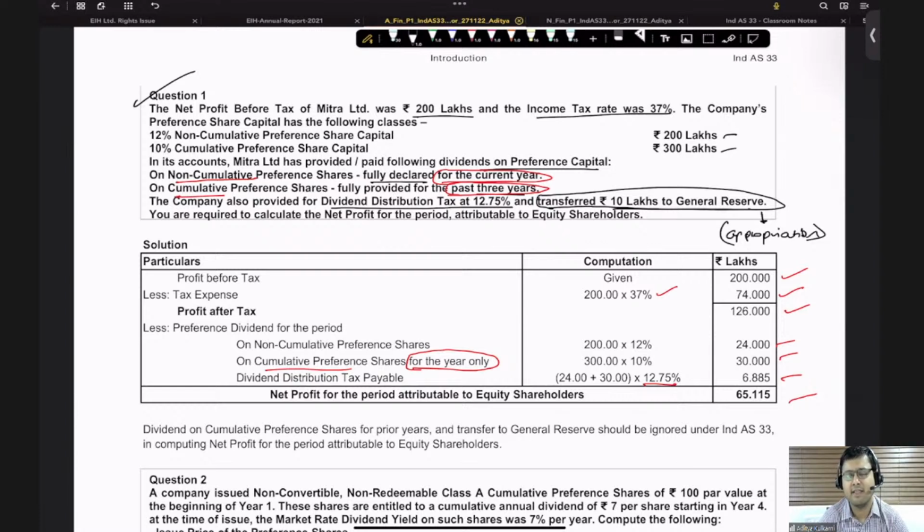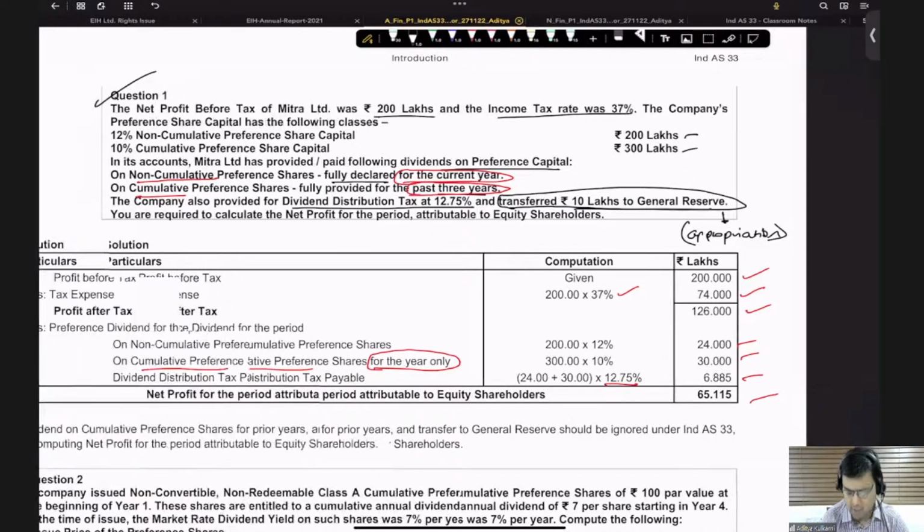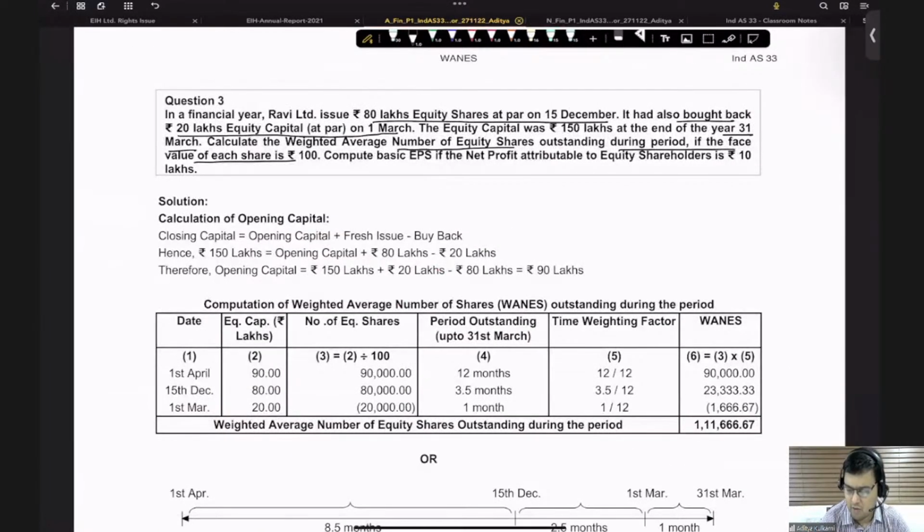I'm not giving this money to anybody else. So this impact will not be considered, because it's kept aside for the equity shareholders only. Therefore, we are not going to consider this as a deduction for net profit attributable to equity shareholders. Okay, so that was Kaushiki's doubt. I think others also have understood this.